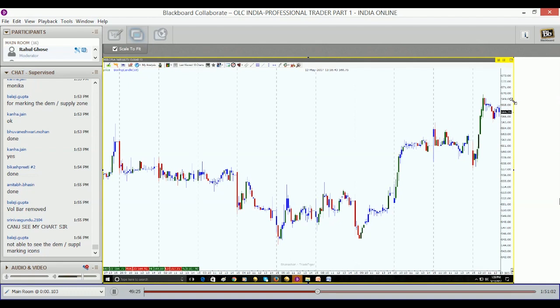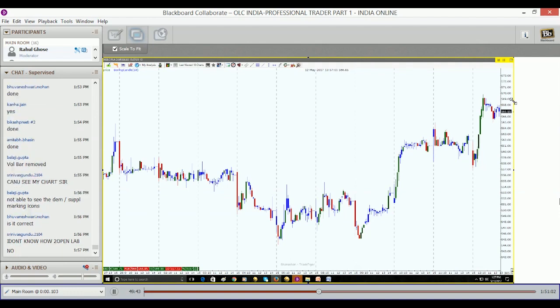Just remove the volume bar because we don't need that volume at the bottom. Bhuvaneshwari, I'm coming to yours. Okay, Srinivasan, do you have the number for IT? Let me ask them to give you a call. Give me a minute. Just hold on, guys.